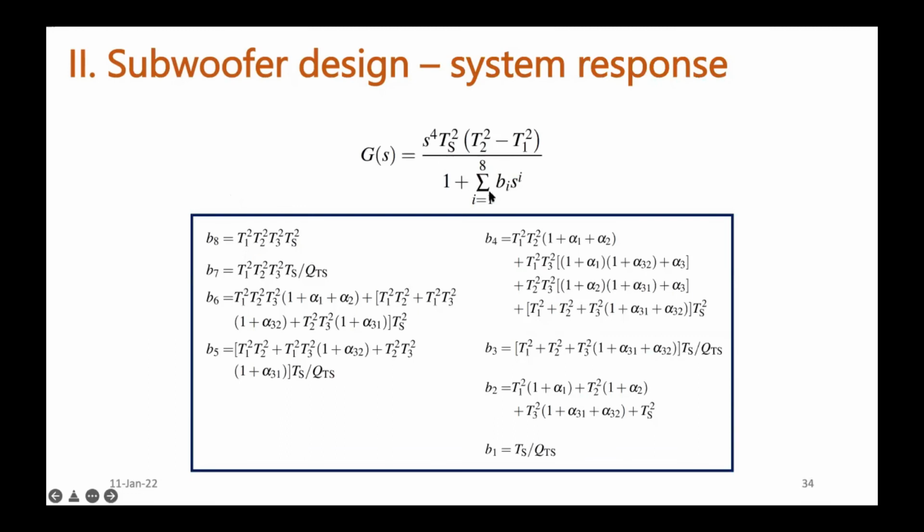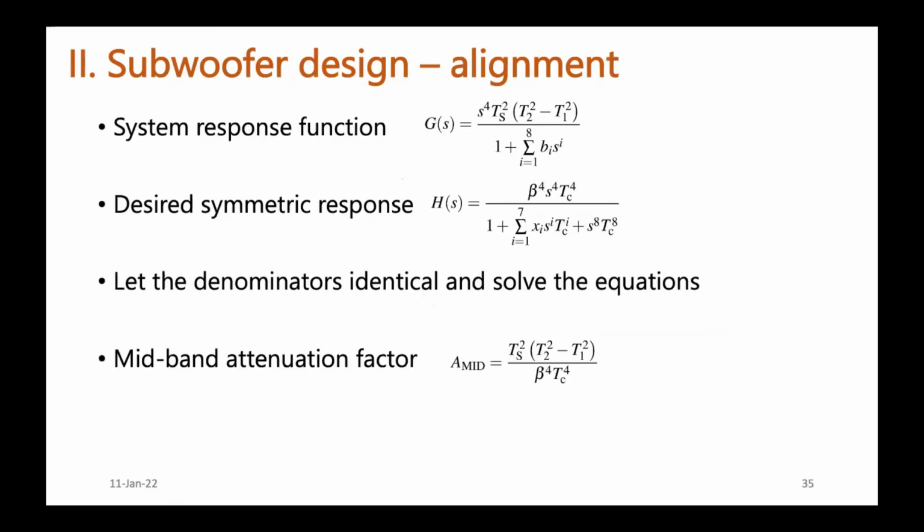And here is the response. The denominator coefficients are given here in terms of our defined system parameters. And it looks very complicated, but it still has analytical solutions, not given here.